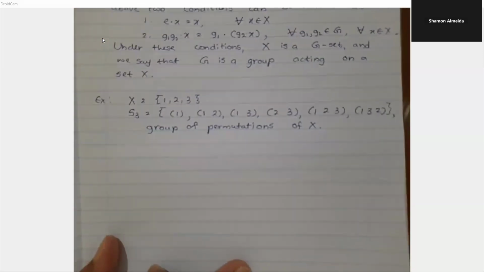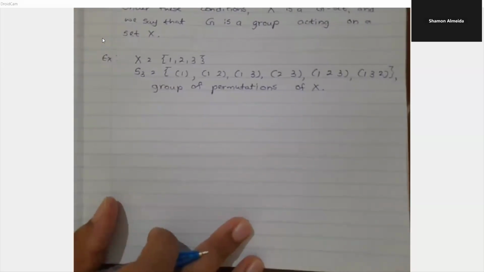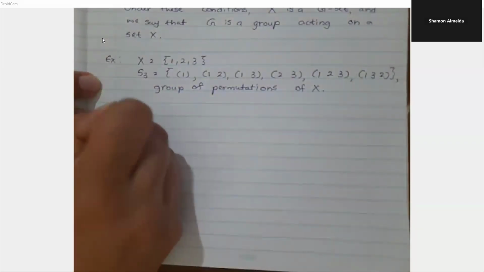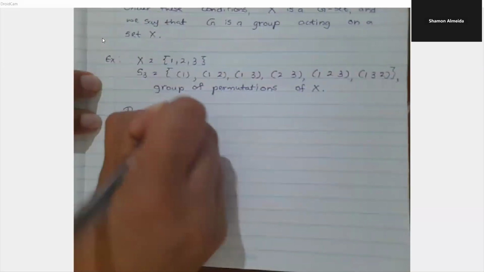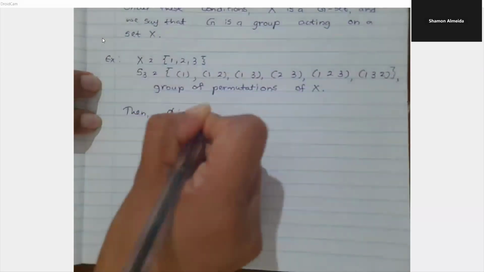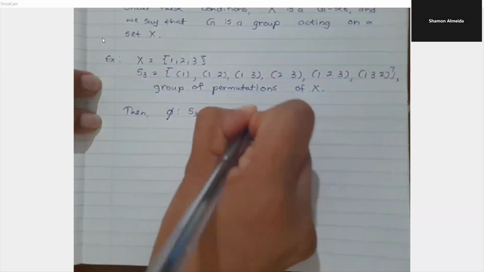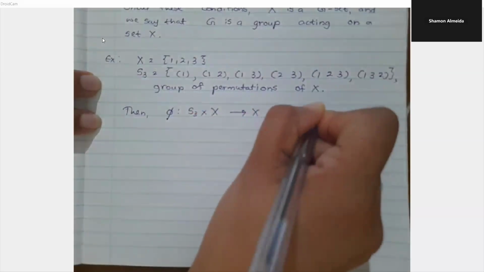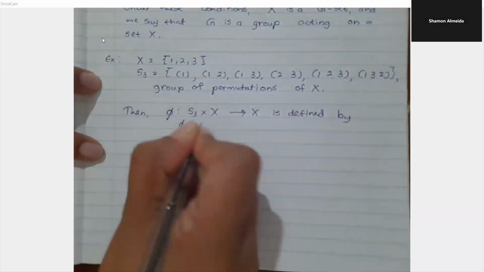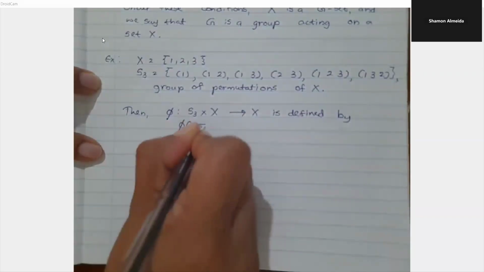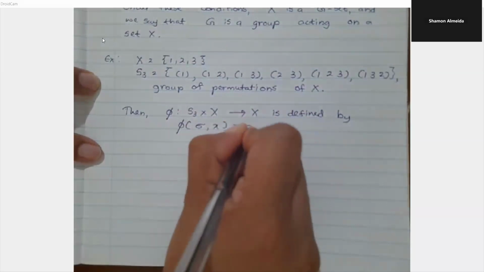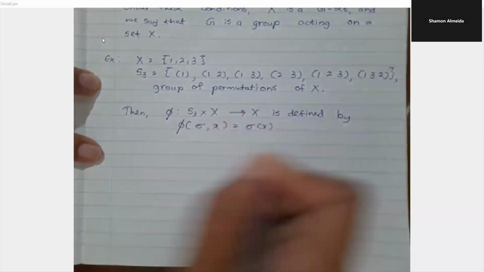Now let's define phi from S3 cross X to X by phi of any permutation, let's denote it by sigma, an element in S3, x to equal sigma of x.